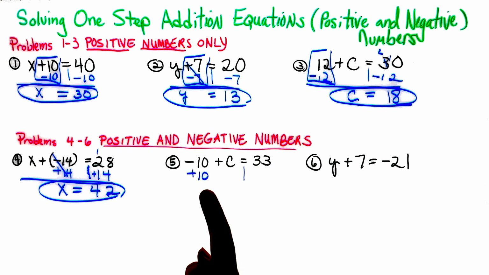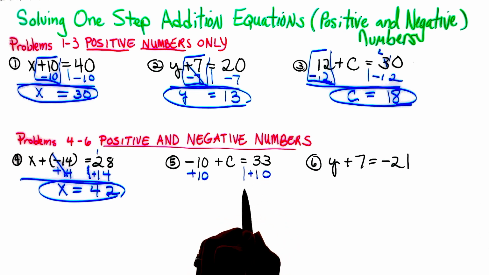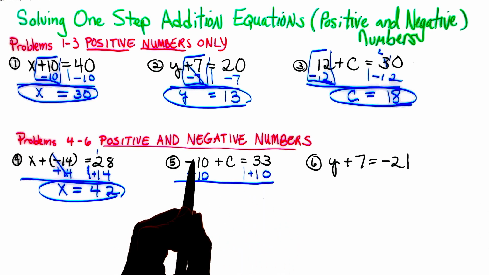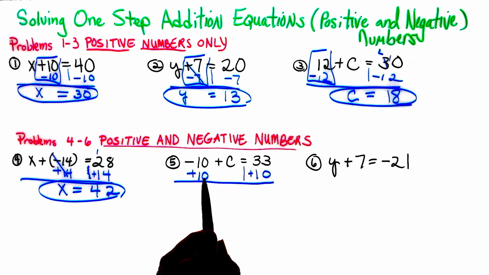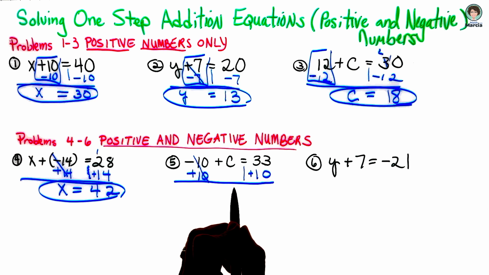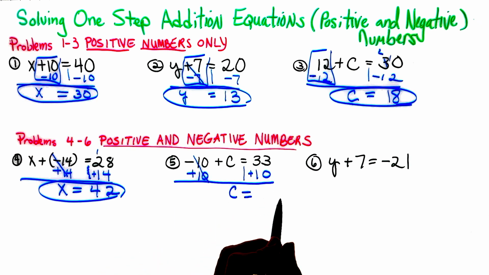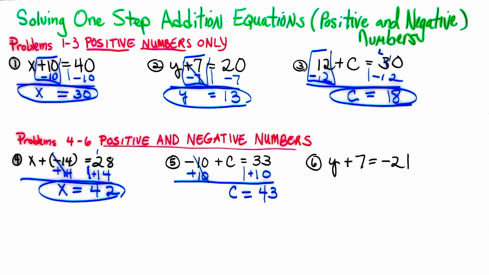So if I add 10 to this side of the equation, yes, you guessed it, I've got to add 10 to the other side. And so I have my pair of opposites. They turn into a 0. I don't have to write the 0. I'm going to write c is equal to, and I'm just going to add those together, and you can see that is 43.